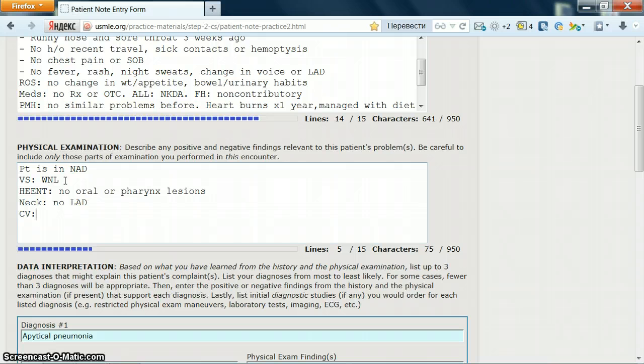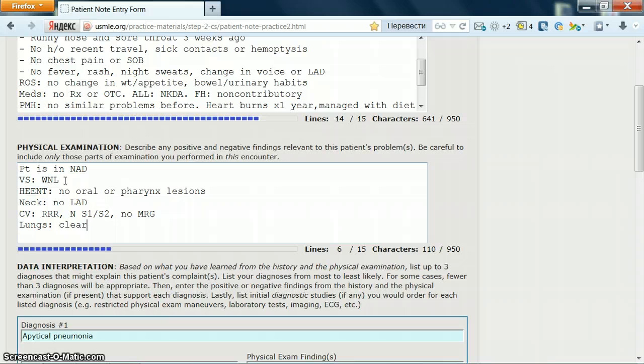Cardiovascular can be restricted to just auscultation. No murmurs, rubs, or gallops. But the lung exam has to be broad.